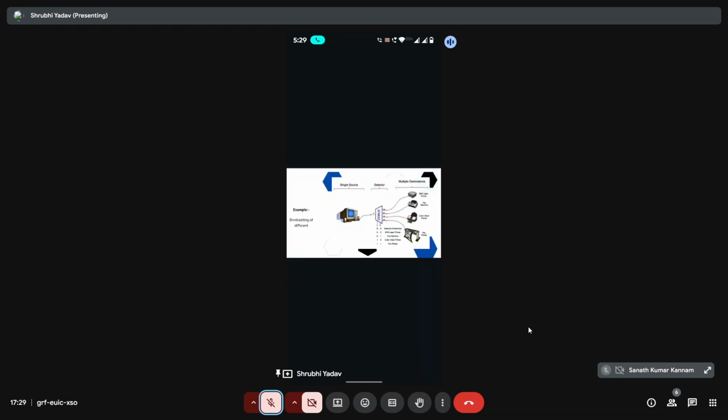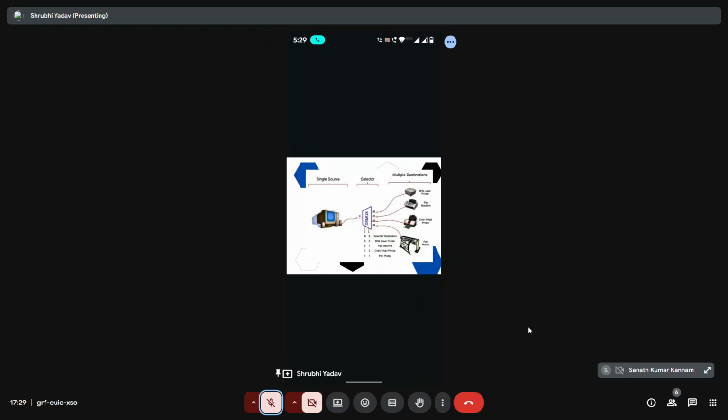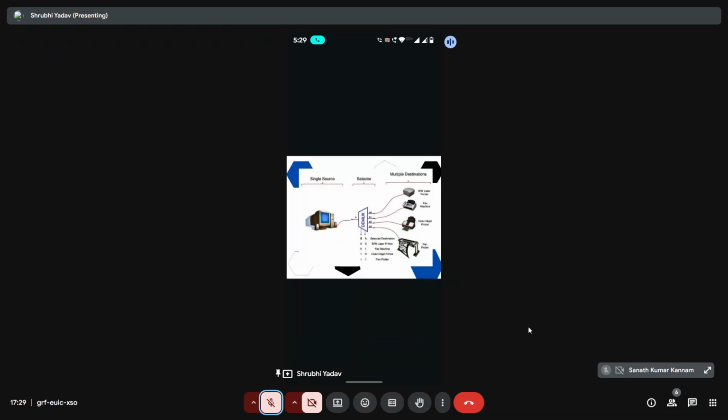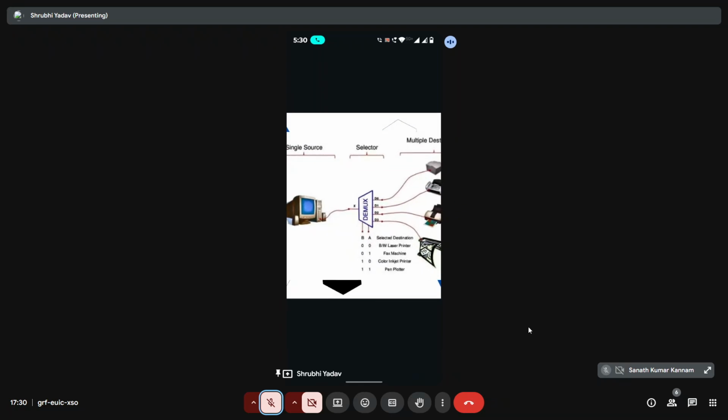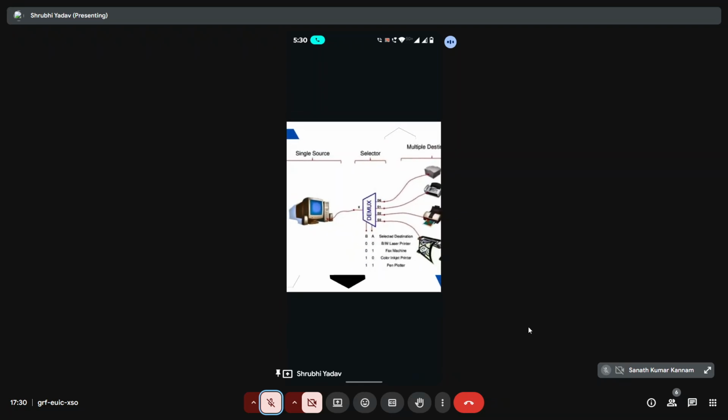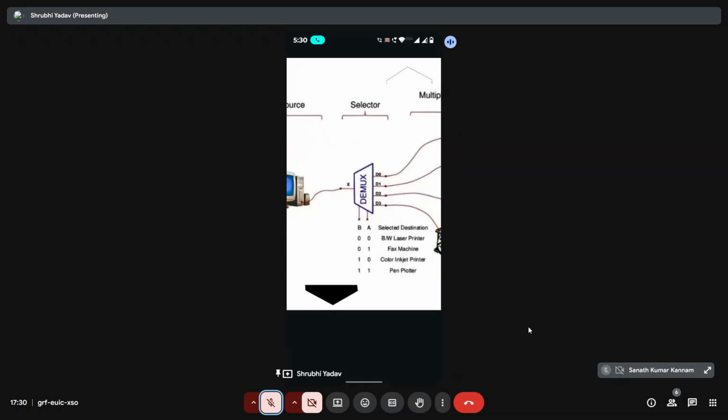From the diagram we can understand that first we can see the single source where a desktop is connected to DMUX and DMUX is connected to some other different devices such as laser printer, fax machine, color printer, and pen plotter. So here we can see how it is distributed.